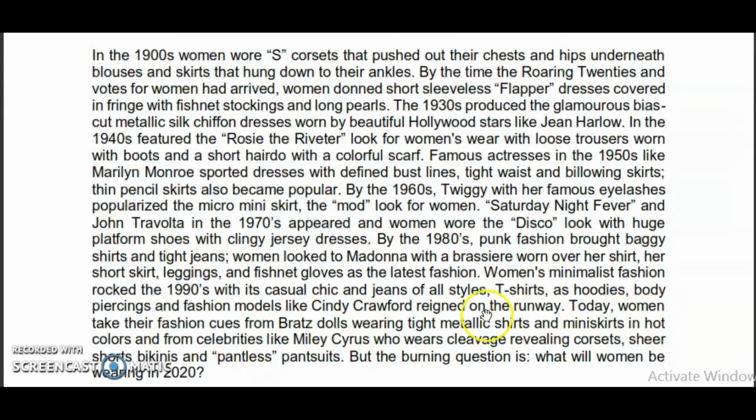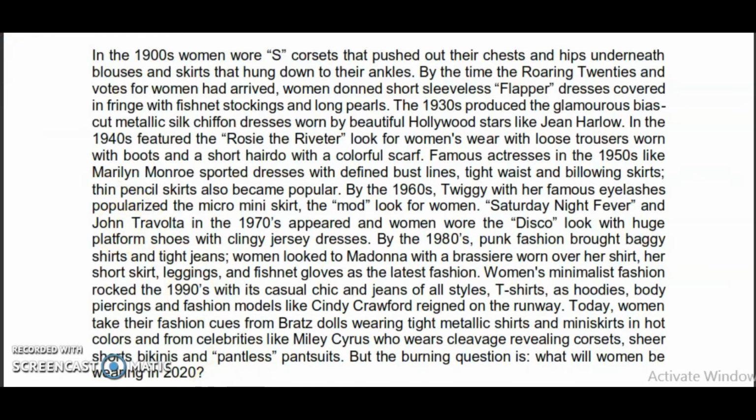Today, women take their fashion cues from Bratz dolls wearing tight metallic shirts and miniskirts in hot colors, and from celebrities like Miley Cyrus, who wears cleavage-revealing corsets, sheer shorts, bikinis, and pantless pantsuits. But the burning question is, what will women be wearing in 2020?